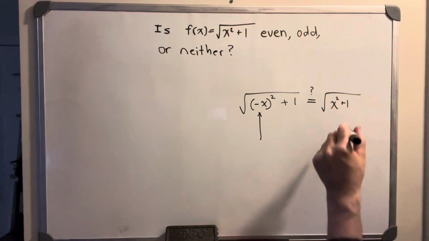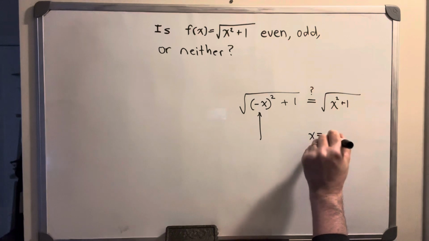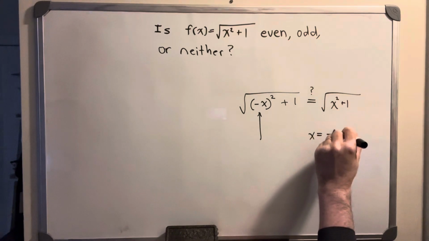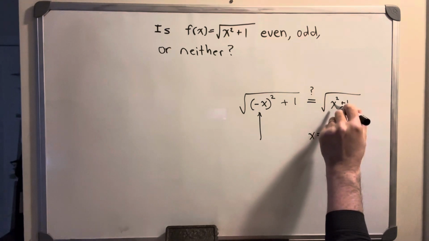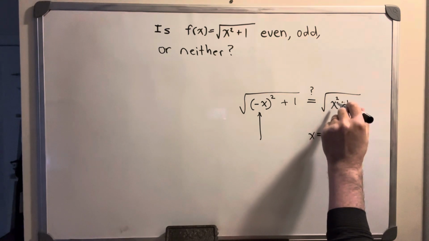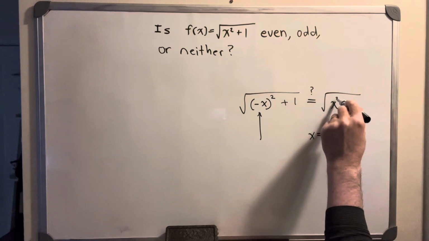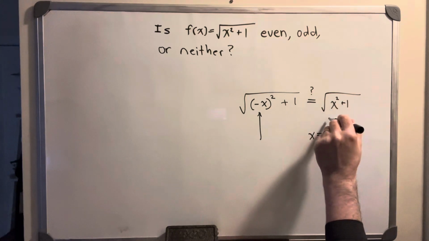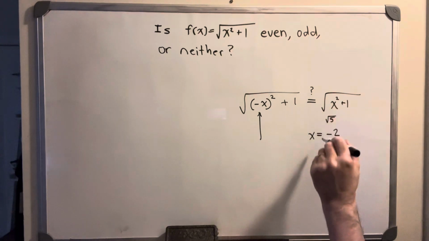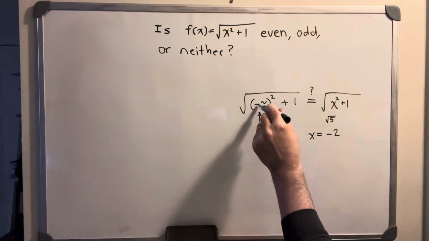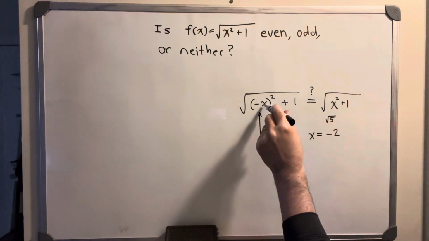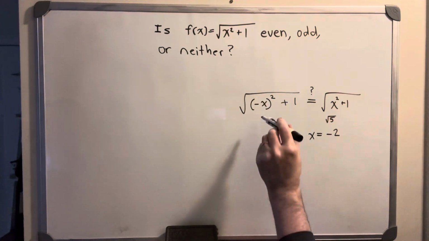Yes, right? Because let's say x equals minus 2. When you plug minus 2 into this function, you're going to get minus 2 squared, which is 4. 4 plus 1 is 5. So this is the square root of 5. Now here, what is the negative of minus 2? It's 2.